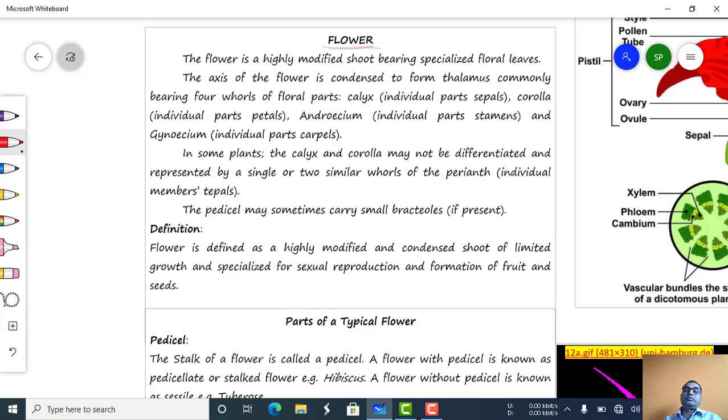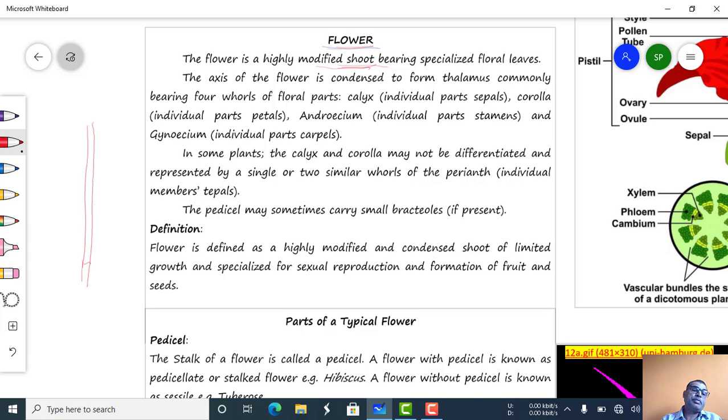So the flower is a highly modified shoot bearing specialized leaves, and these leaves are generally considered floral leaves. If you see the words modified shoot, what is a modified shoot? Shoot means stem. Okay, so this becomes the stem.